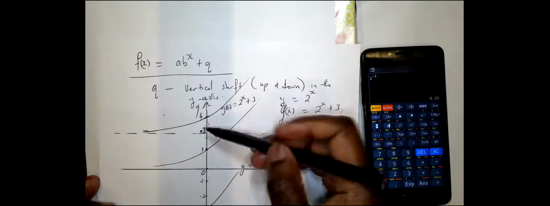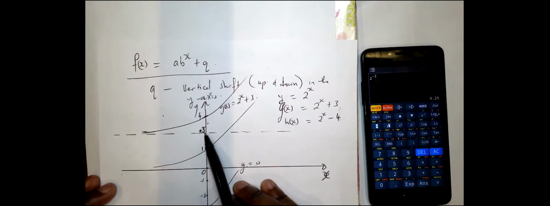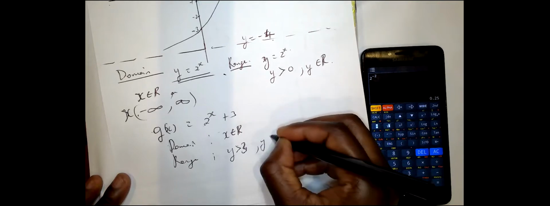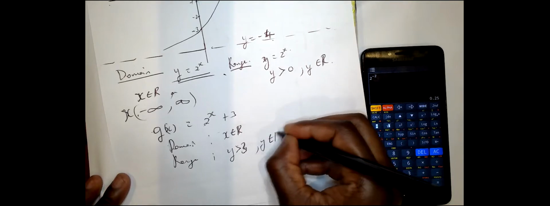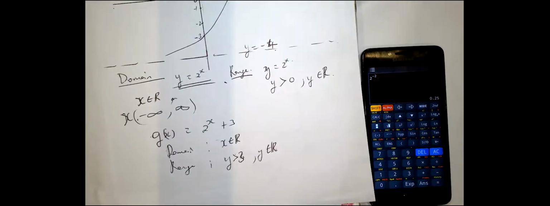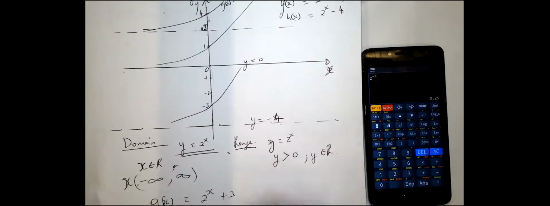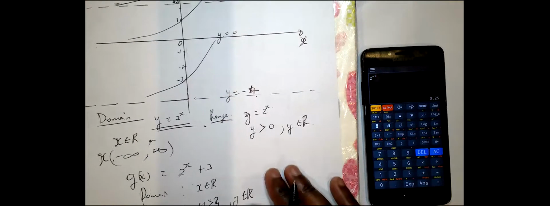But in terms of the range, let's check the range here. What is the asymptote? The asymptote is 3, okay? So we just have to say y greater than 3, y an element of real numbers. That's it. That's what you must always remember, okay? So just deal with the asymptote.